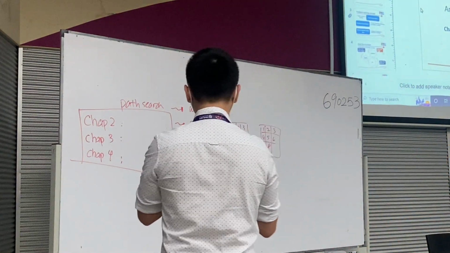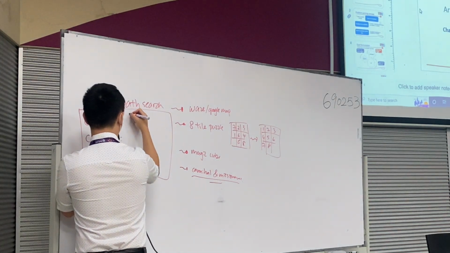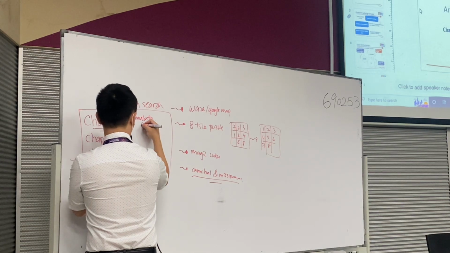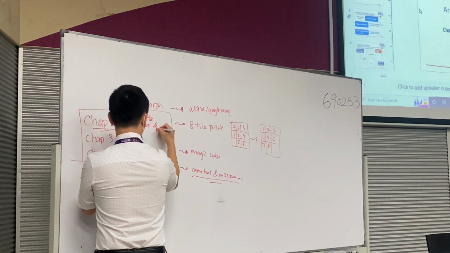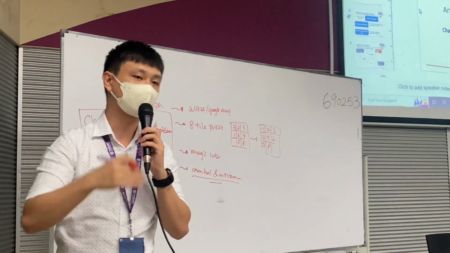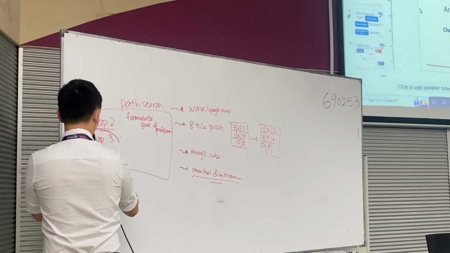The first step is the planning covered in chapter 2. You have to formulate the goals and your problem. This is the planning stage. After you do the planning, then we decide what algorithm to use.